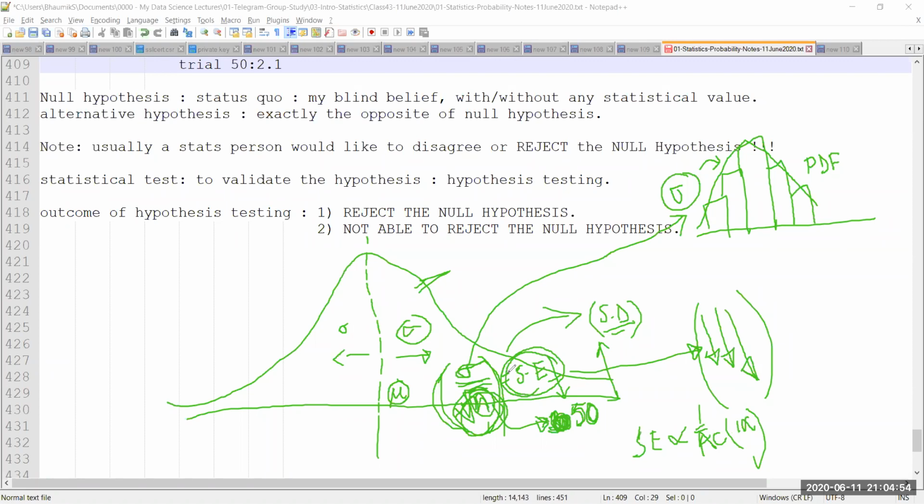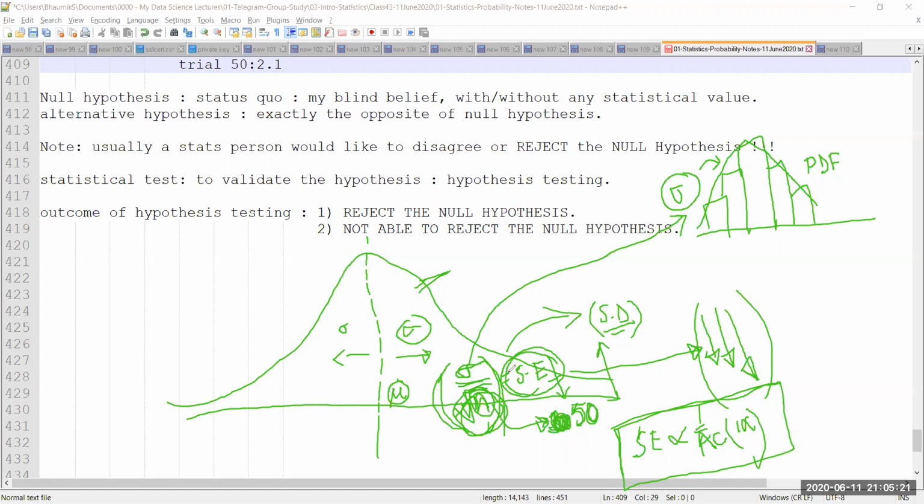Don't worry, we will take some examples, maybe not today because we have only 7 minutes left, but when we take examples, we will come to know what is standard error and what is exactly meant by the accuracy. There is one more term which is used interchangeably with the accuracy of inferential statistics, which is known as the confidence interval.